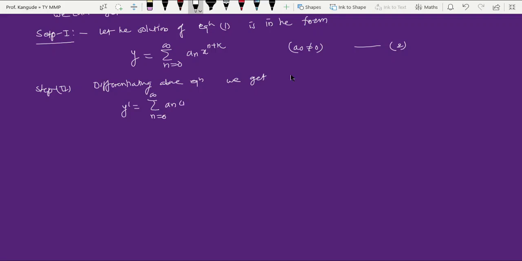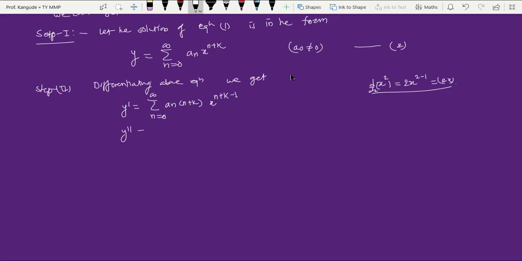Differential of x raised to n plus k is n plus k coming out, into x raised to n plus k minus 1, just like d by dx of x square is 2 into x raised to 2 minus 1, so 2 will come out, that is twice x. So I get the differential of x raised to n plus k as n plus k into x raised to n plus k minus 1. This is my first differential.